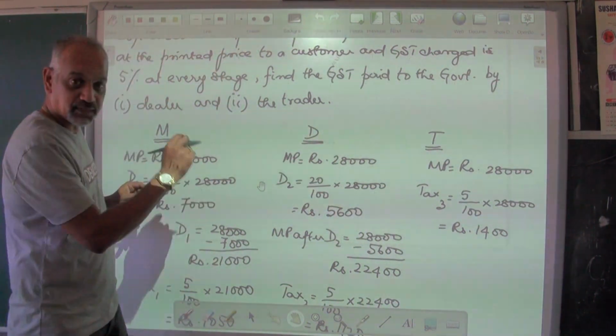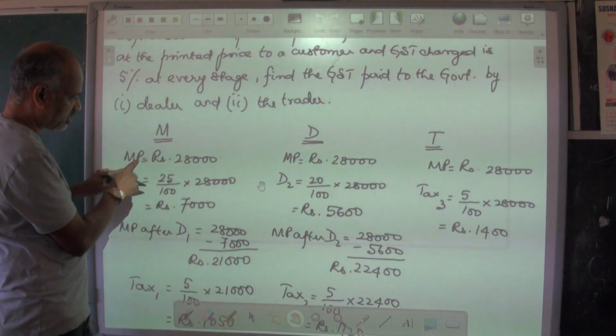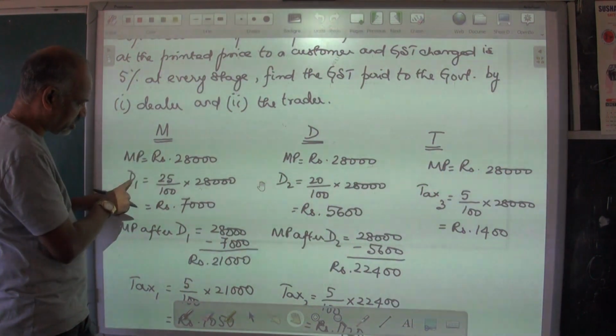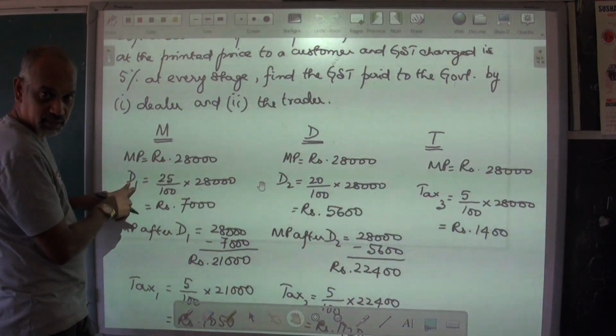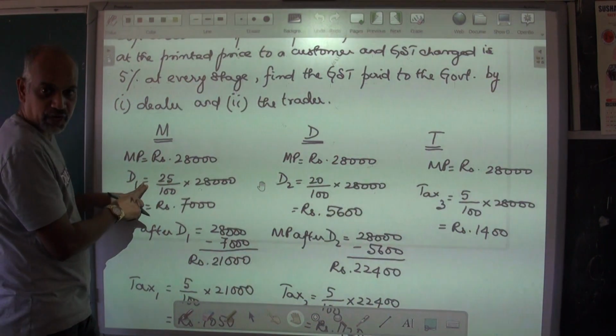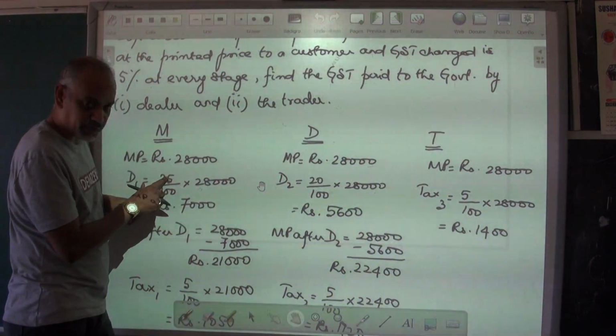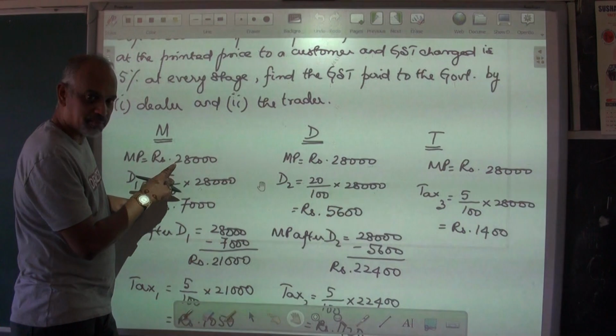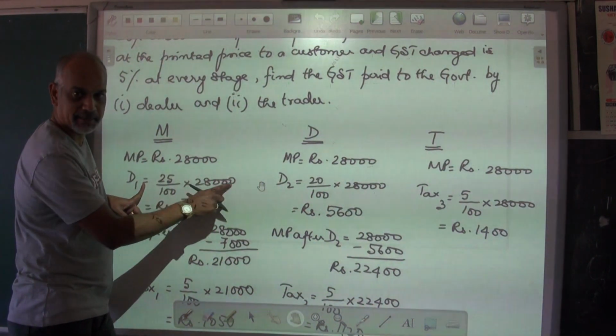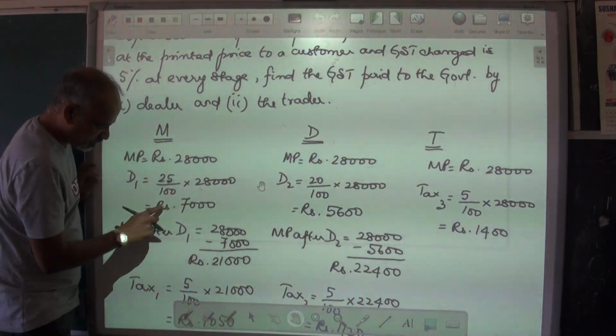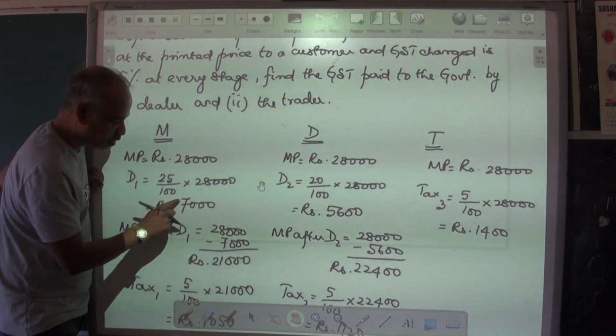Okay. So let's find that discount. The discount given by the manufacturer, that's D1 I have written, the discount in the first case is 25%. 25% is 25 over 100 of the mark price, 28,000. On simplification this gives you 7,000 rupees.